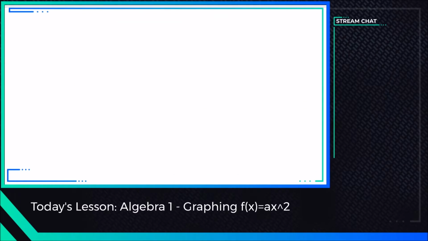So now, why don't we just go ahead and actually graph a couple of these? So we're going to first graph g of x is equal to 2x squared. So we're going to go ahead and get ourselves a graph right over here.